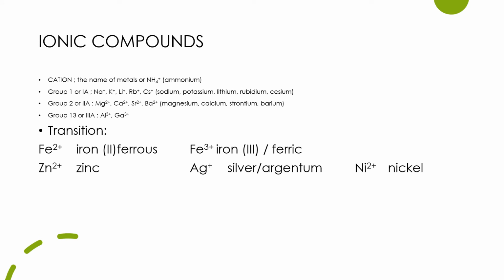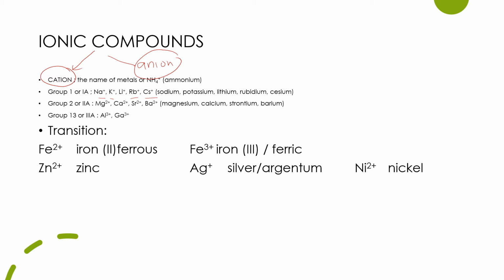For ionic compounds, they consist of cation and anion. For cations, first, group 1: Na+, K+, Li+, Rb+, Cs+.